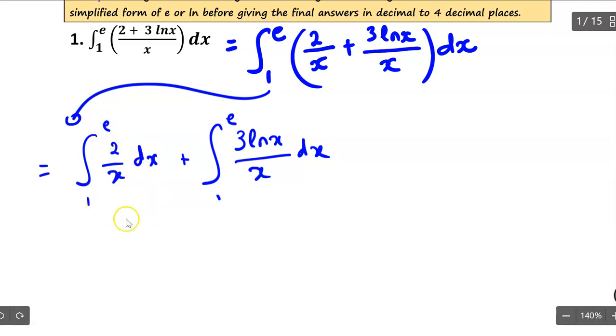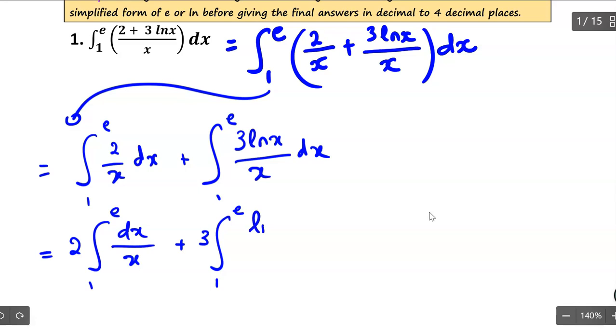So this one I can apply the formulas, but before I can do that, you have to bring the constant across the integral sign. So right here you have dx over x. Over here you bring the 3 across the integral sign, so you have ln x over x dx.